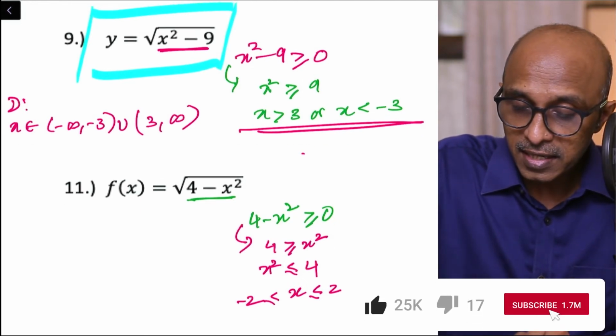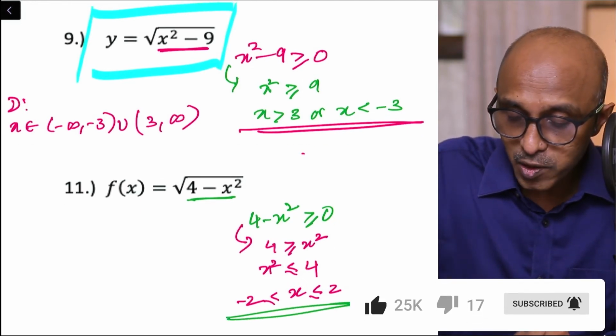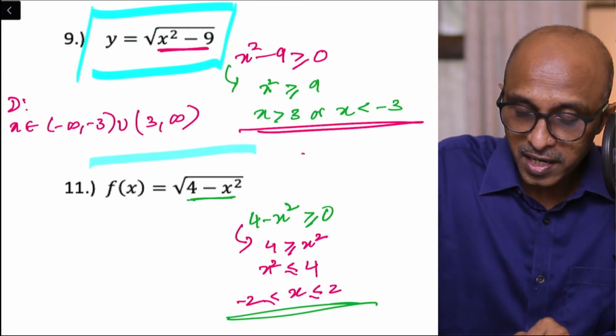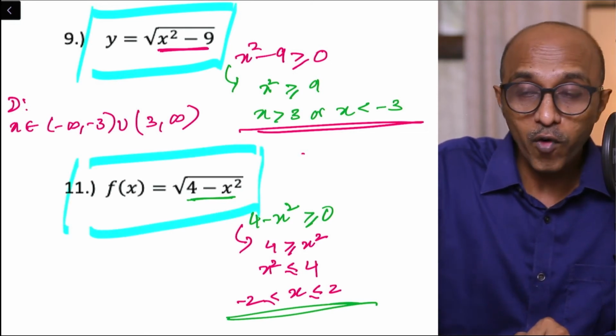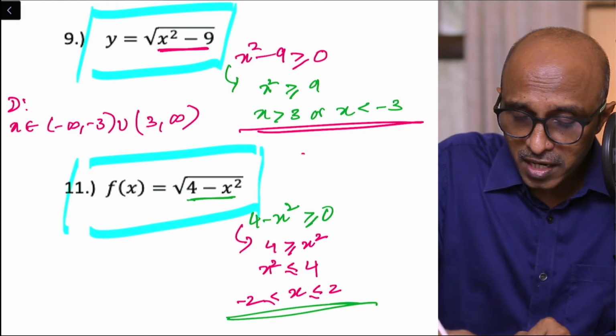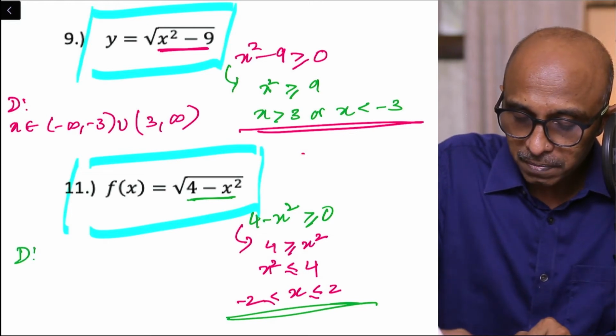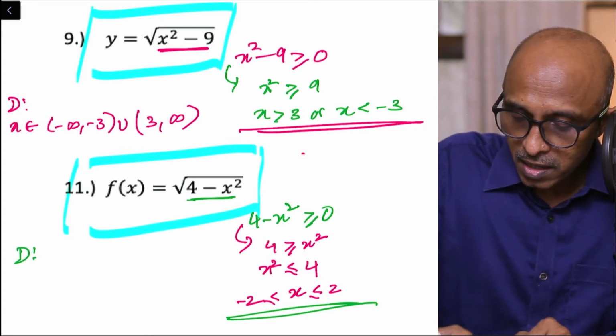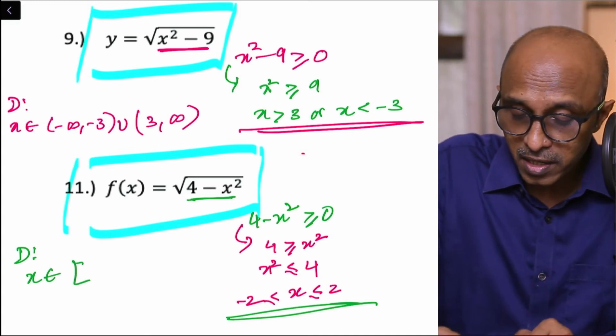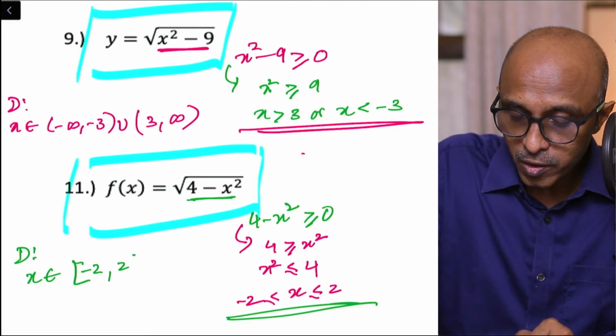This is the set of all permissible values of x for a function defined as the square root of 4 minus x squared. So the domain in interval notation would be x belongs to the closed interval, because both endpoints are now included, -2, 2.